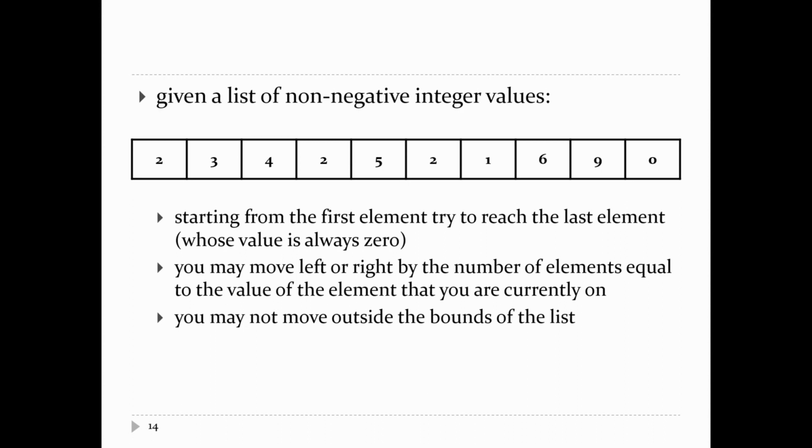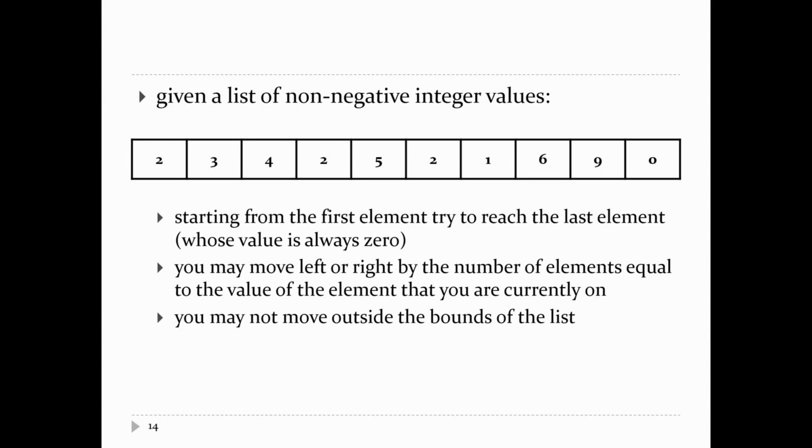Okay, so it looks like a similar game. You've got a board, just represented as a list. Each square has a number in it. The number is not the cost anymore. You start at the left-hand side of the board, and the goal is to get to the right-hand side of the board. The number in the square represents the number of squares you can move left or right.